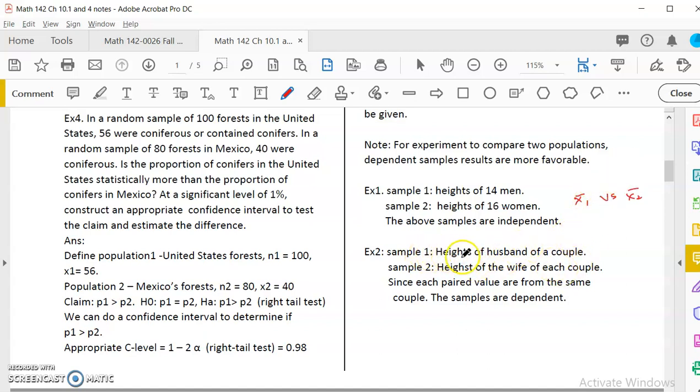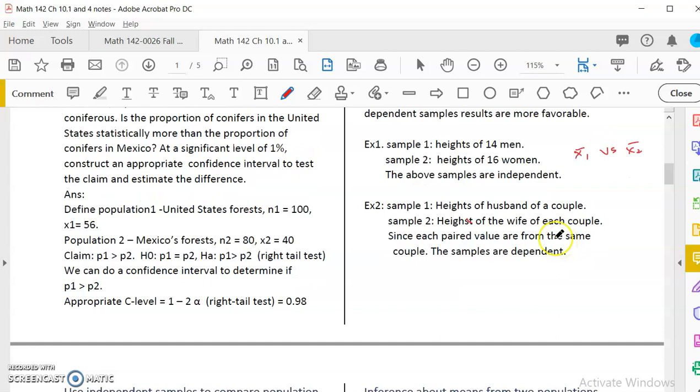This next one would be what I've just talked about. So we still have heights of men and women, but sample 1 is the husband of a couple, and there's a typo here, and sample 2 is the wives of each of the couples. So each pair of values is from the same couple, so these samples are dependent, so they're paired up.